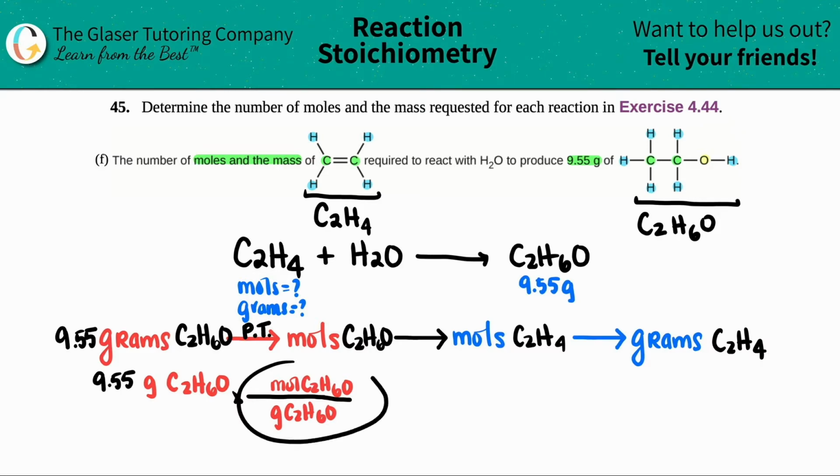And remember, when we're using the periodic table, you always have 1 mole of the substance. 1 mole of ethanol, C2H6O, is going to equal the mass on the periodic table. So we have to calculate what 2 carbons, 6 hydrogens, and 1 oxygen are, and that's the number that goes here. Maybe I'll scooch this over a little bit, just so I have more room. And now I'm going to the periodic table.